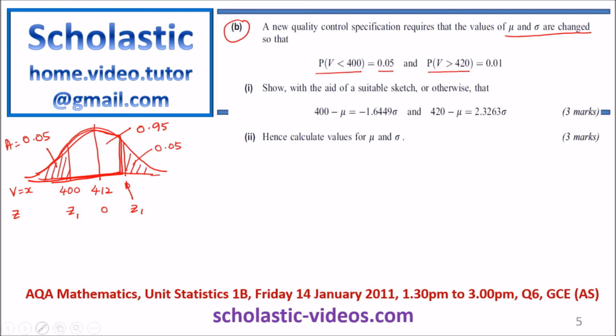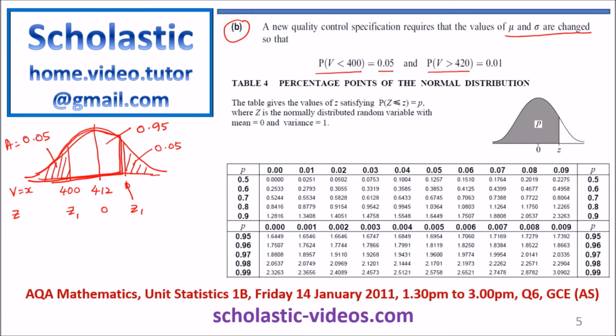So we can again use the other graph, which is actually the percentage points of the normal distribution, where we can find out the value of Z based on the area. If the area is 0.95, what is the value of Z?